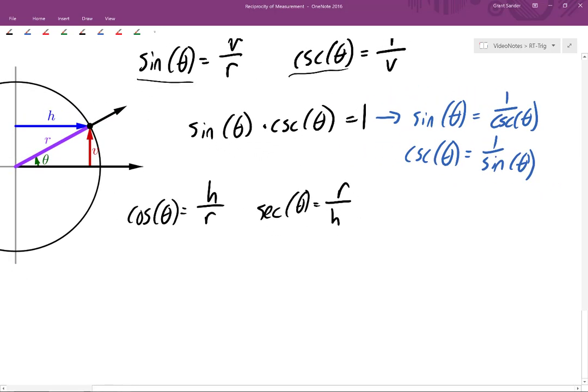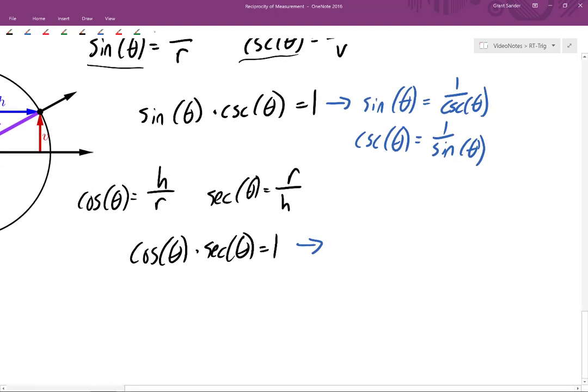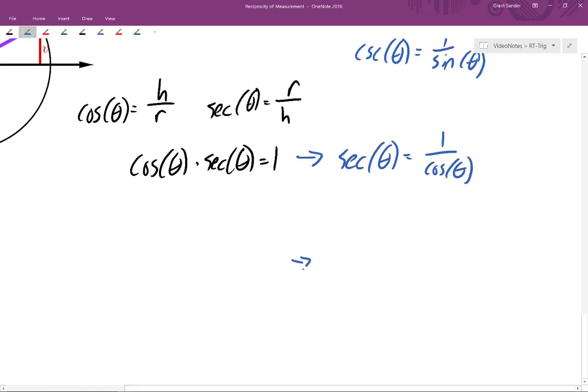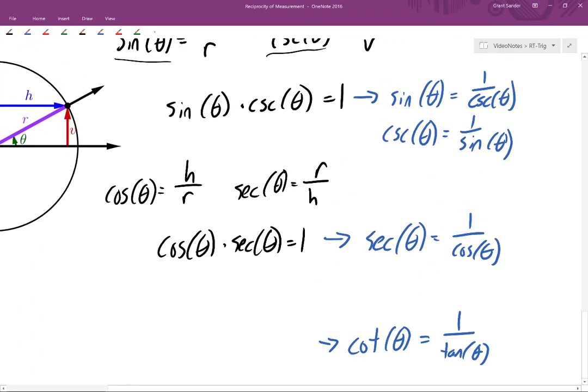So we should have cosine of theta times secant of theta equal to 1, which tells us we could say secant of theta is equal to 1 divided by cosine of theta. And in a similar way, cotangent of theta is equal to 1 divided by tangent of theta, because tangent of theta and cotangent of theta are reciprocals, just as we saw with cosine and sine.